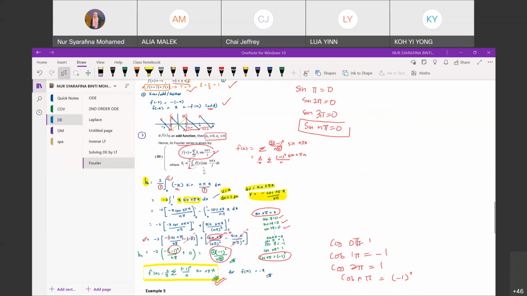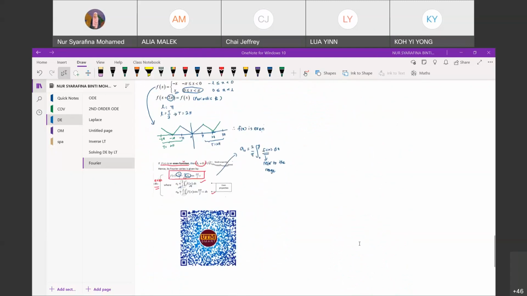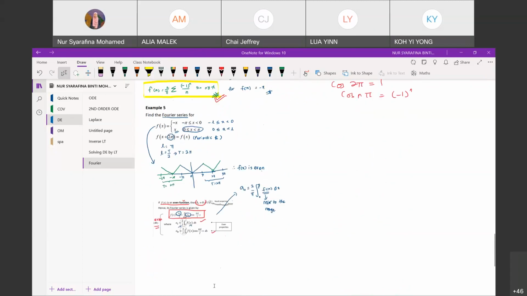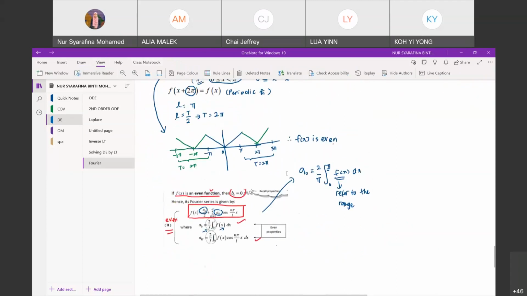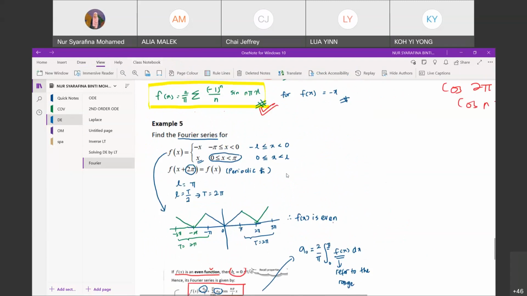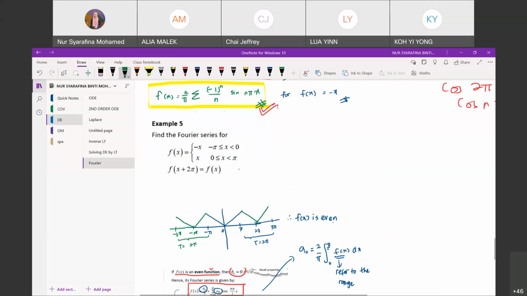Okay, so let's proceed. Okay, now we have here a piecewise function. As you can see, your fx equals negative x, where the range is from -pi to 0.